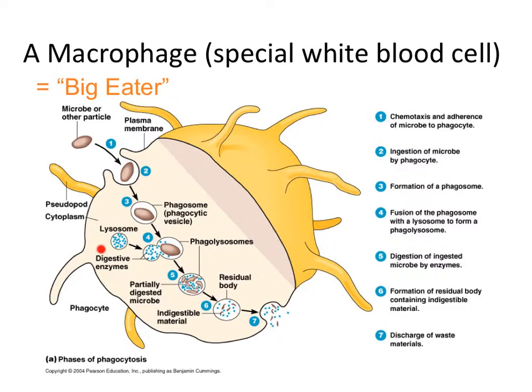Here comes the lysosome to break it down, and then you get sort of this leftover junk that then gets expelled. So this little vesicle is going to bond with the cell membrane and then get released. So this would be endocytosis on this side, number 1. And then this down here at number 7 would be exocytosis. In and out.